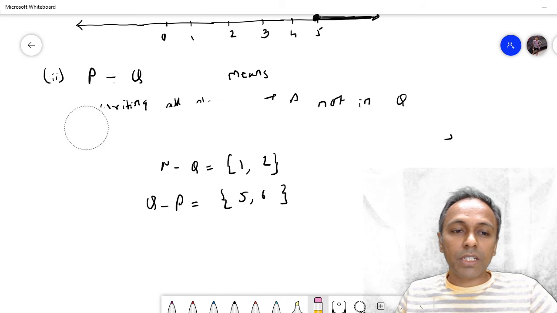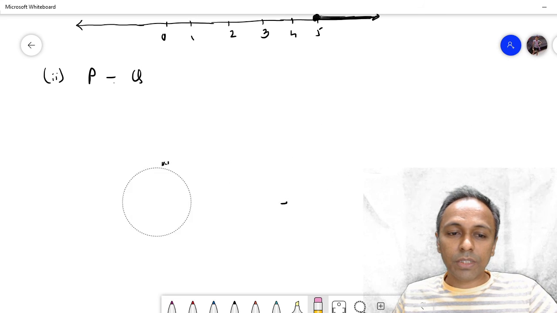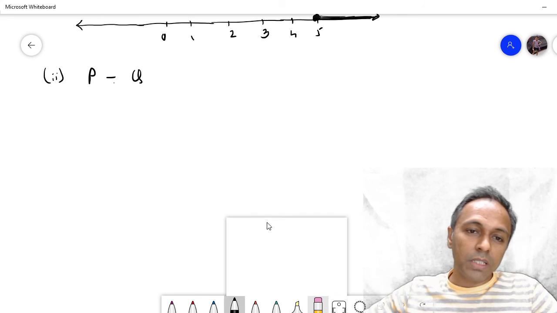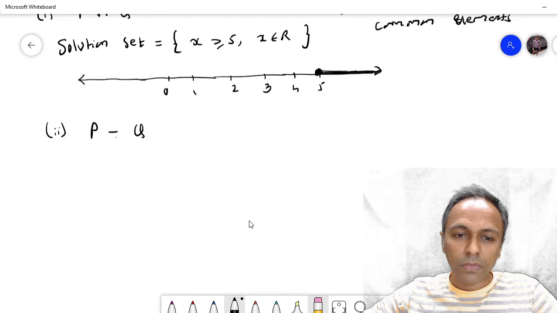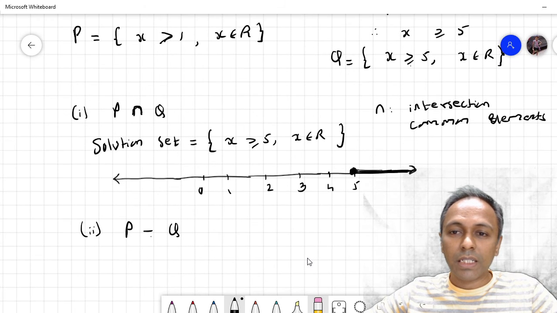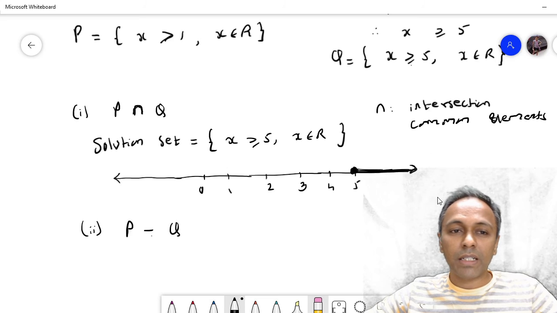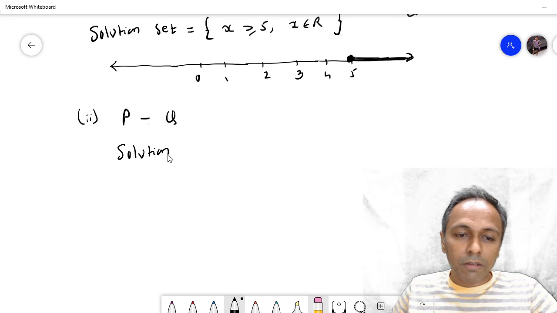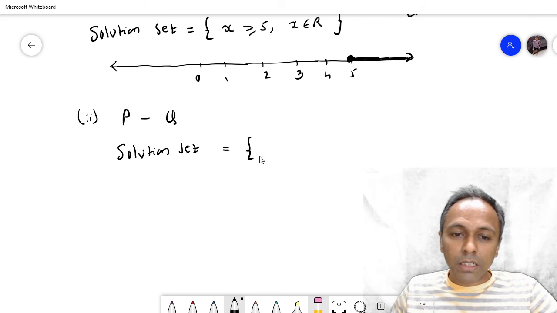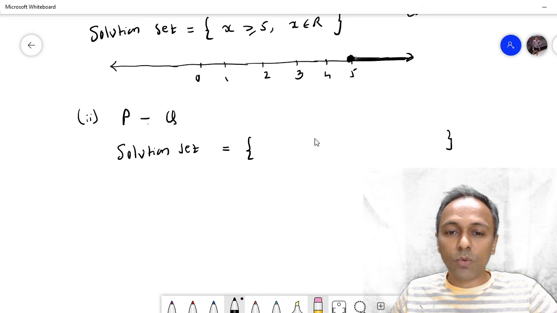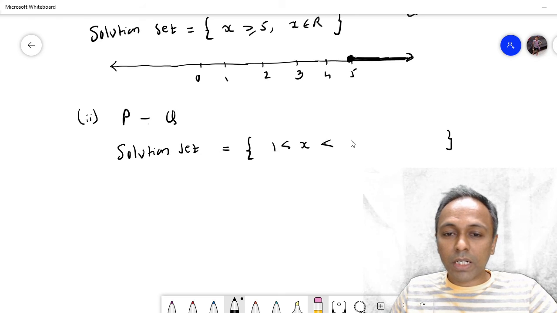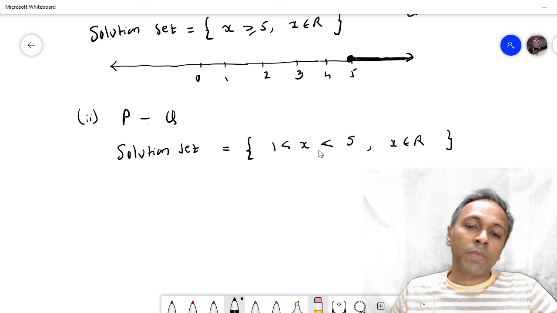Let's try writing in this question P minus Q. So our P is x greater than 1 लिखा है, और Q में लिखा है x ग्रेटर देन इक्वल टू 5, तो हमारा सोल्यूशन सेट क्या आएगा? सोल्यूशन सेट आएगा कि हमें P के सारे एलिमेंट्स चलेंगे, Q के एक भी नहीं चलेंगे। तो x कैन बी ग्रेटर देन 1 बट इट कैन नॉट गो विथ 5 और बियॉन्ड 5, है कि नहीं?